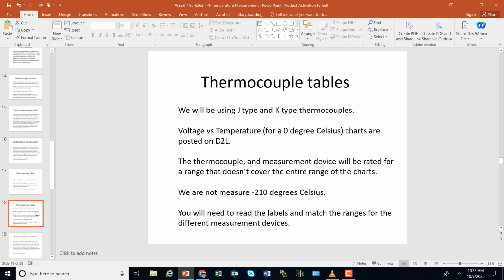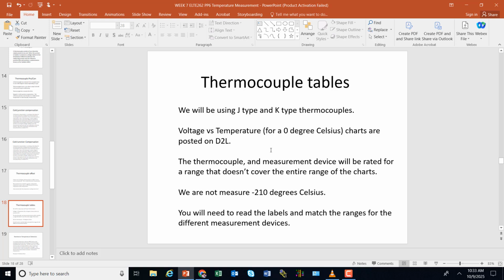The thermocouple and measurement device will be rated for a range that doesn't cover the entire range of the chart. So, you're going to look at your transmitter, for example, and it's going to say 0 to 200 C or 0 to 300 C or negative 100 to 200 C or whatever. Your transmitter is going to have a range on it. And then you're going to look at your thermocouple, and if the thermocouple is specific enough, it'll have a range that it wants to work with.